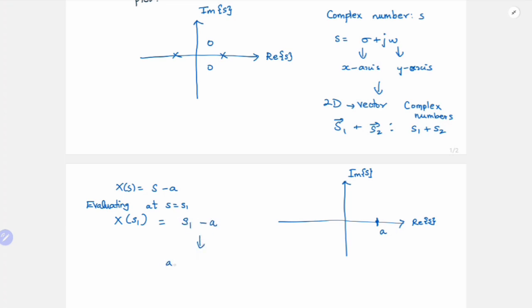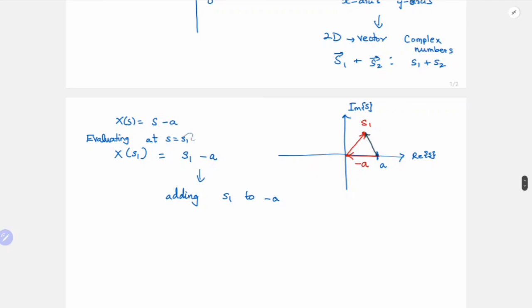So it is like adding s1 to minus a. How will it look in the graph? This will be minus a, having a magnitude of a and pointing in the negative x direction. And s1, let's say it is some point here. So s1 plus minus a will give me this vector.